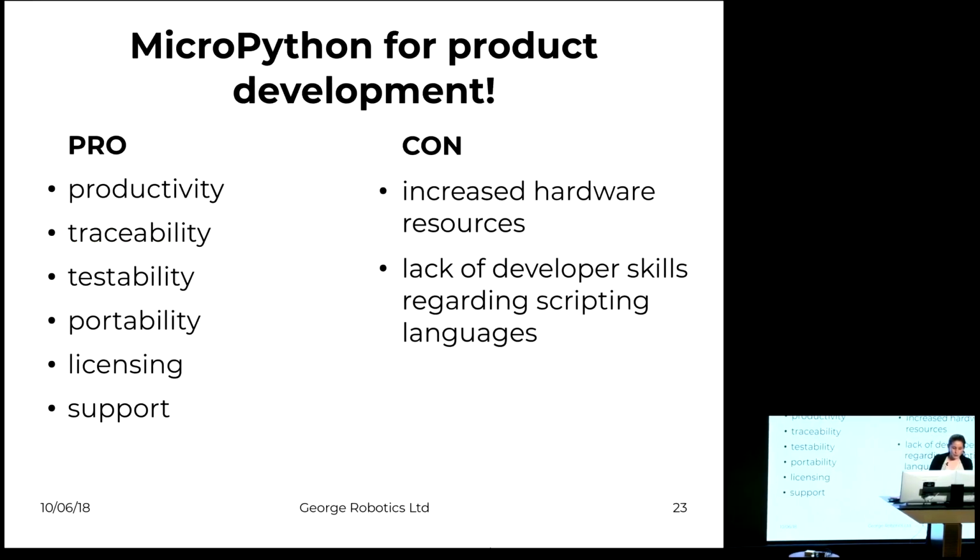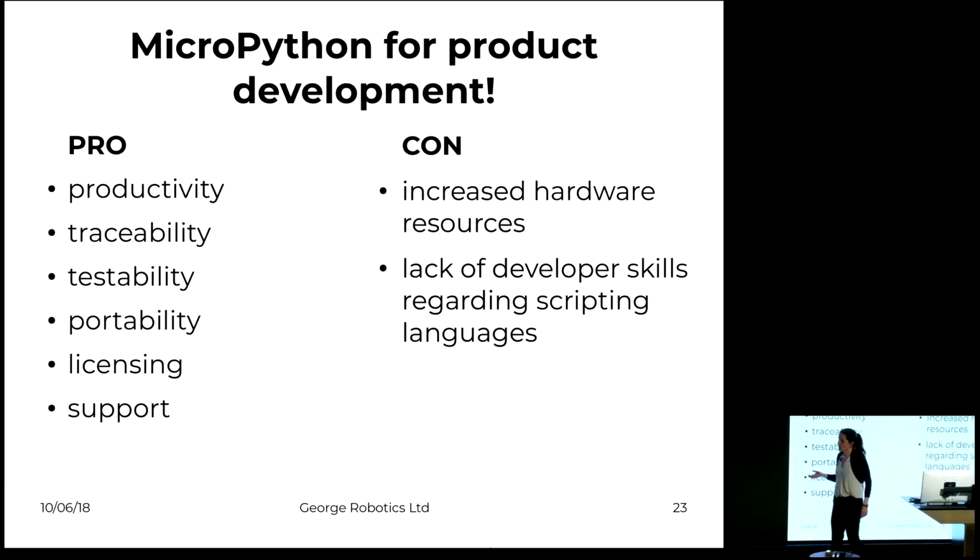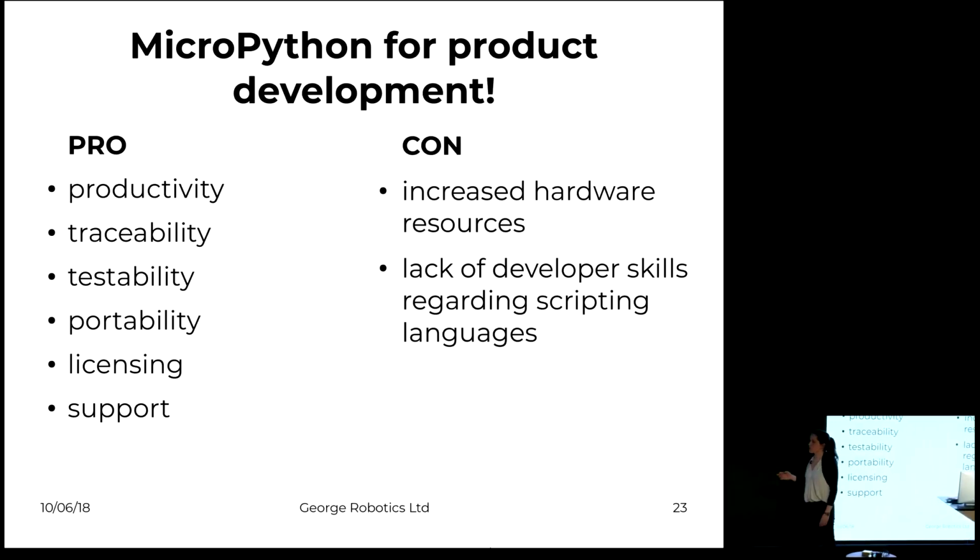So to sum up, what are the pros and cons about this? Well, productivity went up. The traceability, because you have a huge community standing behind that in the open source, which really dig out the problems, and this is great because you rely on that. The testability went faster because you might have already the running board, which you just have to plug in to your adapter board.